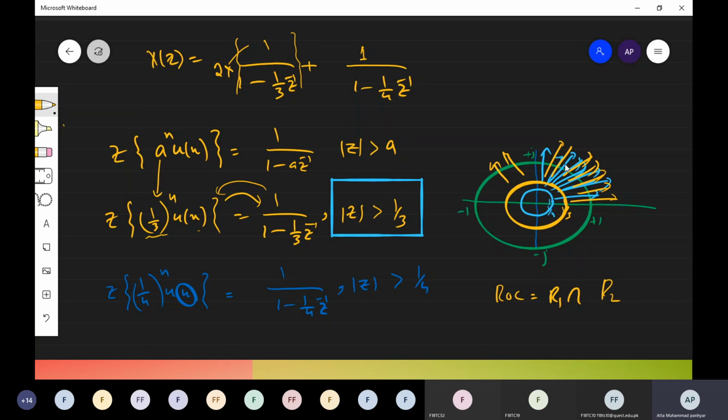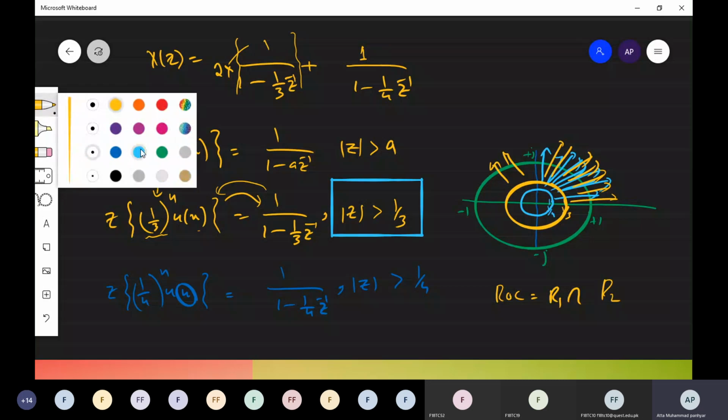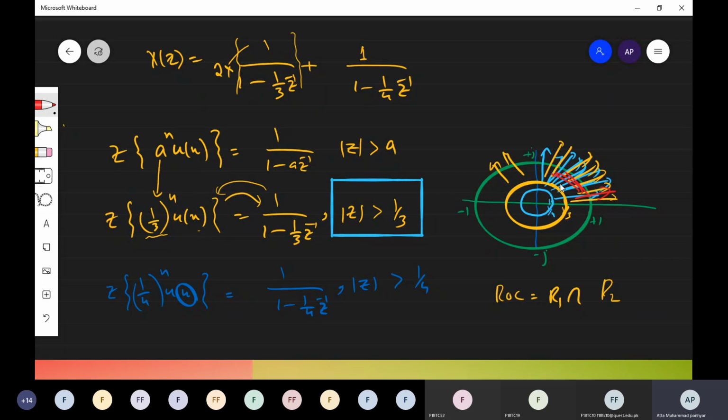So the region of convergence, their common region starts from 1/3, right? So our overall region of convergence for this particular signal must be greater than 1/3, right? This must be the region of convergence, and this is outside of the unit circle as well, right? But it cannot be within the circle 1/3, right?